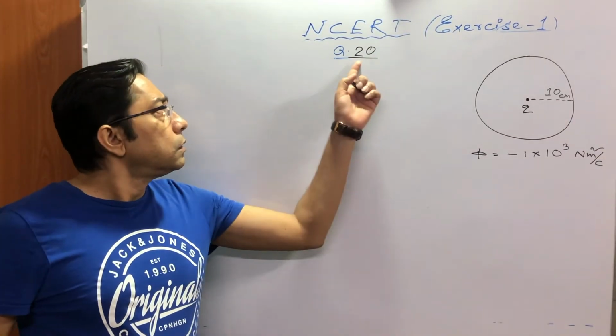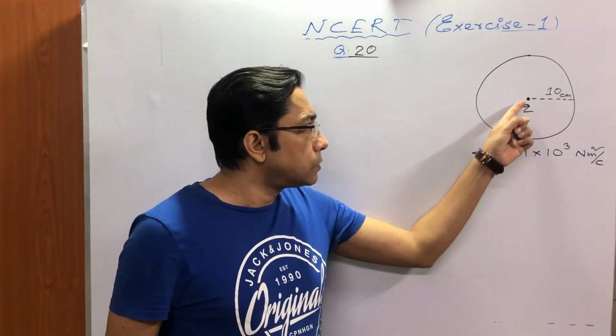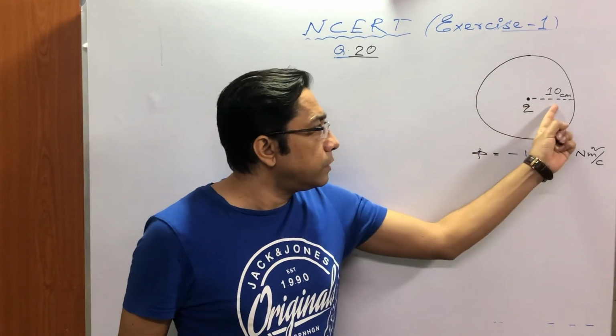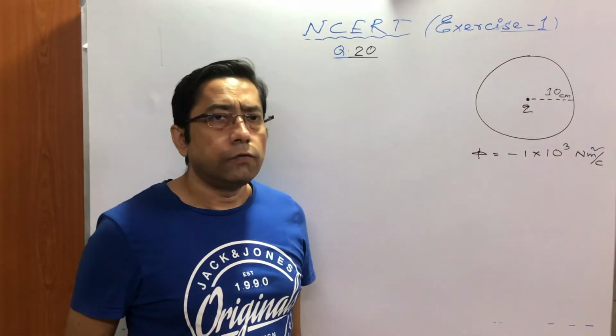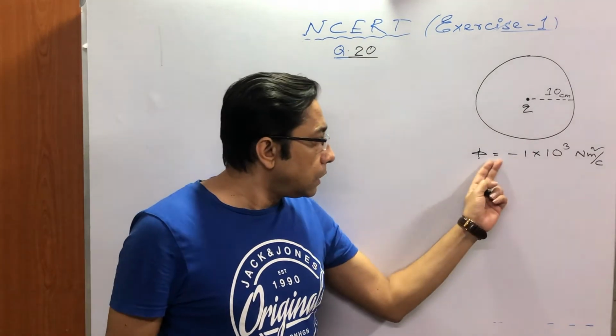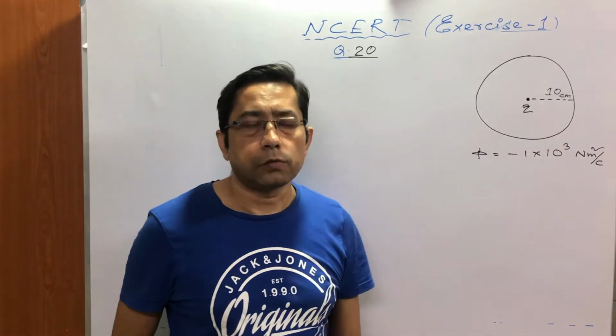So this one is question number 20. Here it is asked that a charge Q is placed at the center of a sphere of radius 10 centimeter, and it involves a flux equal to minus 1 into 10 to the power 3 Newton meter square per coulomb.